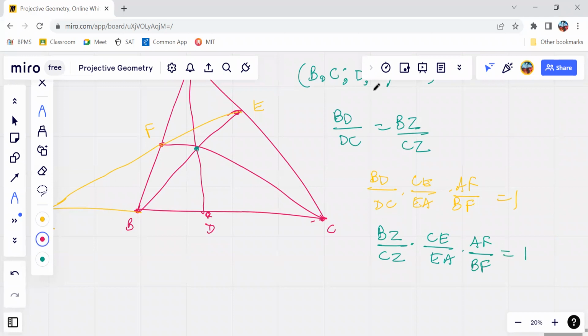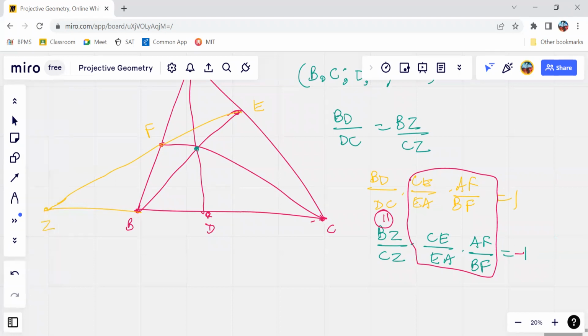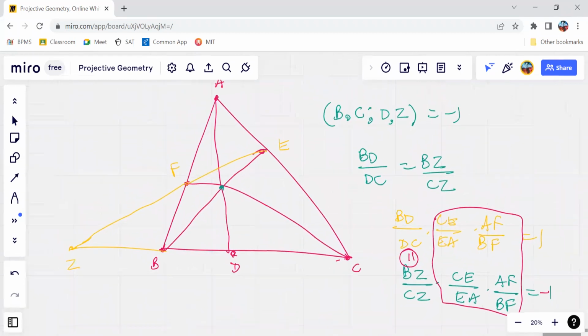Yeah, and these pairs here, they're repeating. So we have that BD by DC is equal to BZ by CZ, which is what we wanted to show. And in fact, we didn't even need to observe which one is outside, because Menelaus actually gives that if you take lengths to be directed, this is -1. So when you divide, you actually get the cross ratio exactly with the sign.